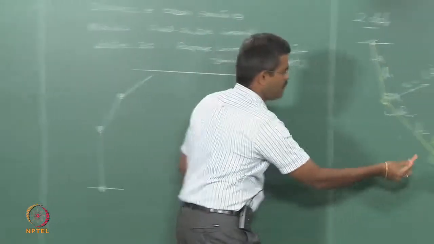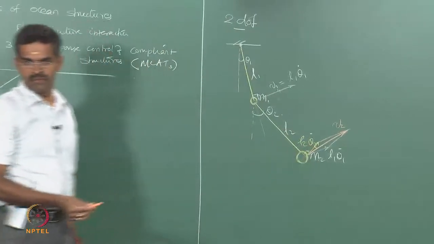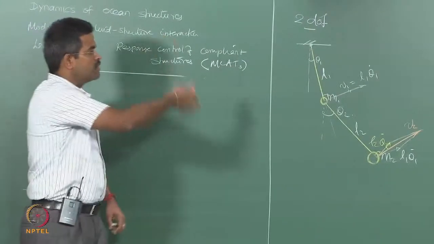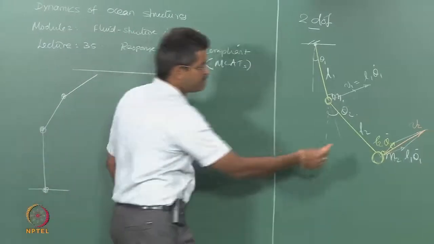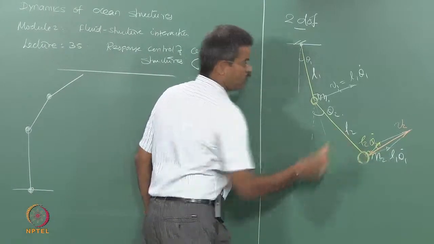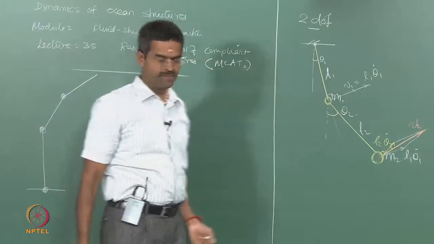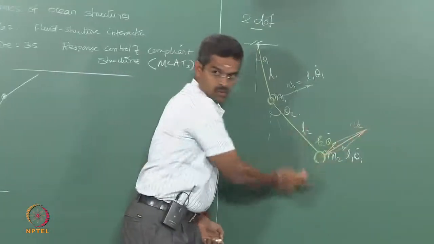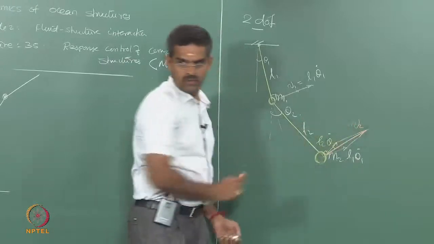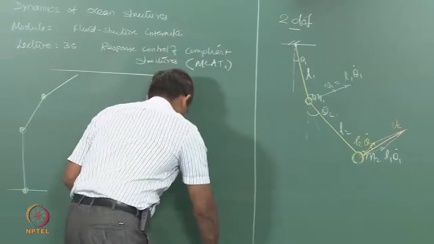The angle between them will be theta 2 minus theta 1, as the relative angle between the initial and the final position. Okay, this angle. The angle between these two will be theta 2 minus theta 1. Theta 2 is larger than theta 1. I can apply a simple cosine rule and write down this V2. Okay. Let us do that.